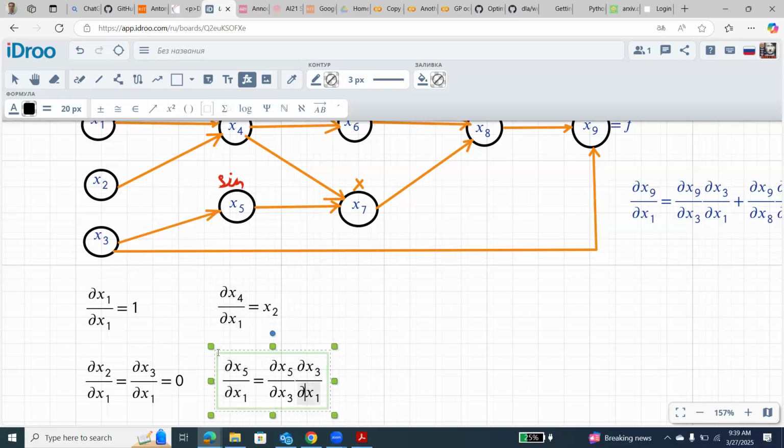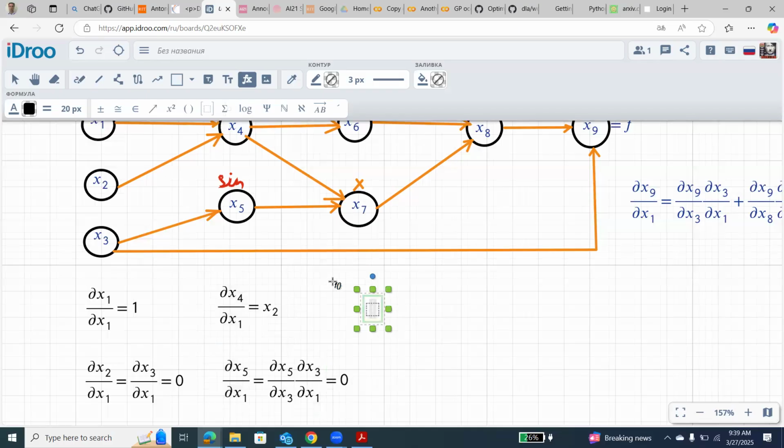But the derivative of x3 with respect to x1 is 0, because it doesn't depend on x1, so the whole derivative is 0. Now we'll calculate the derivatives from the next layer, and finally we will reach the f.